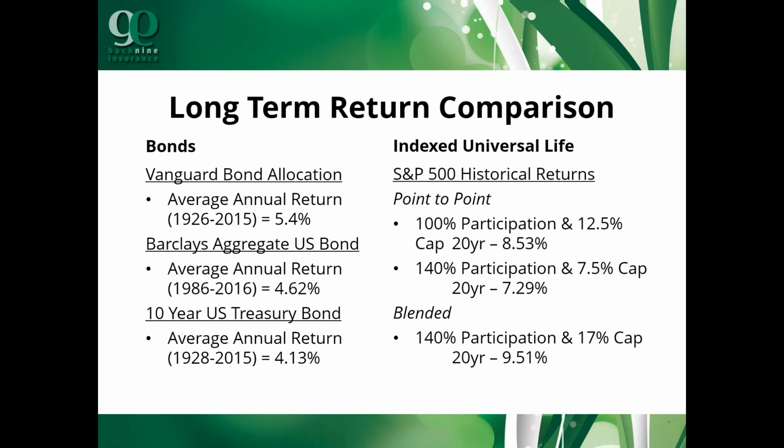So one thing to keep in mind when we're talking about these index universal life products is there's multiple allocation strategies within the S&P 500. You can have annual point-to-point. You can have a blended account, which includes some bond allocations as well as higher risk hedge fund allocations to kind of blend it out for you and help you deal with the market volatility.